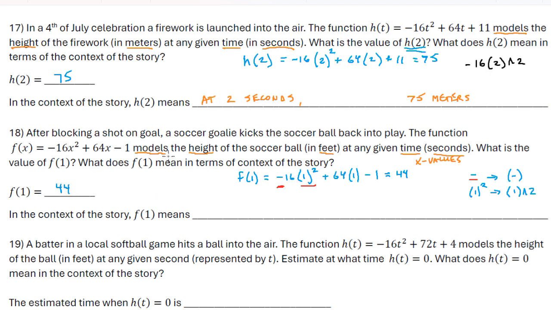Now let's put it in context. We know the 1 is how many seconds after he or she kicked the ball. And the 44 is how many feet the ball is in the air.